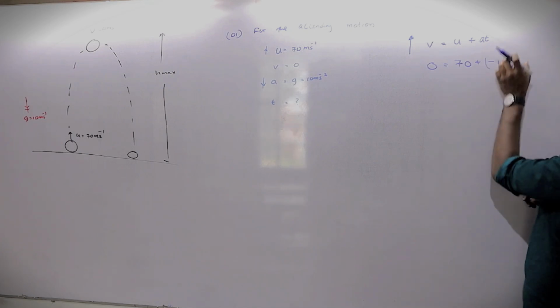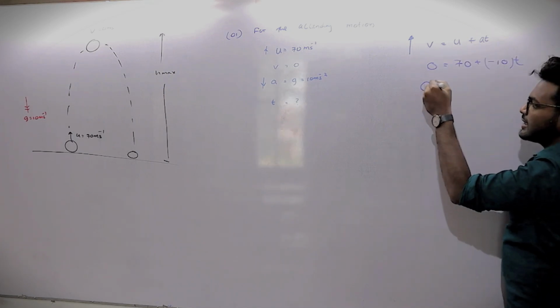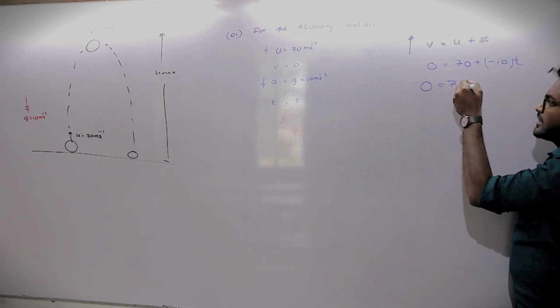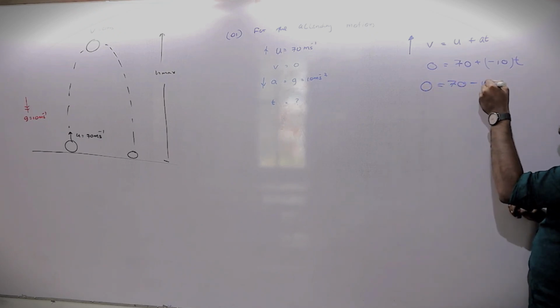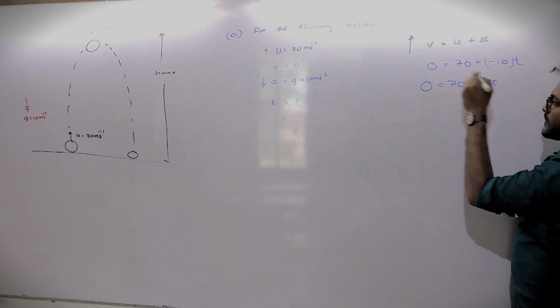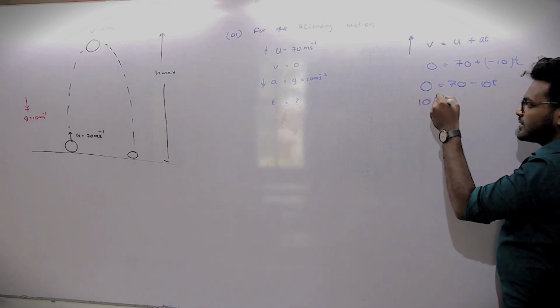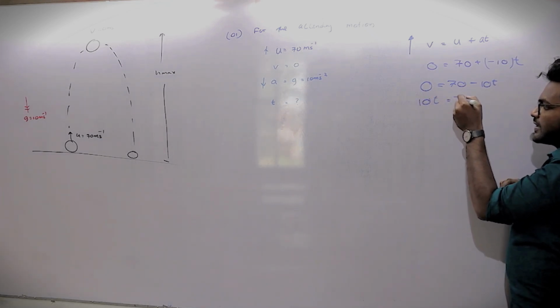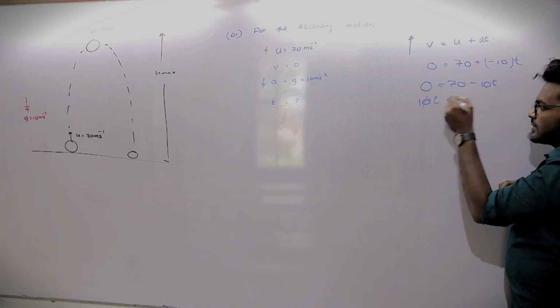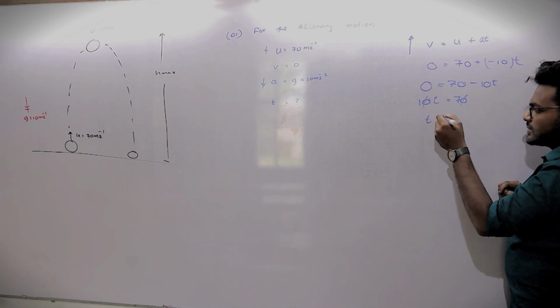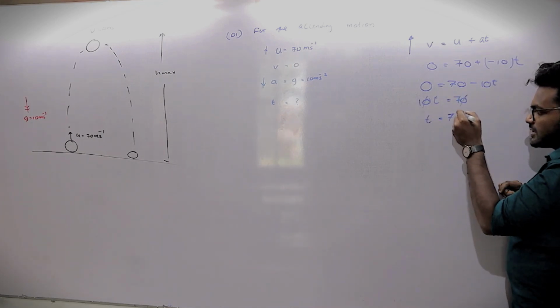You can take this minus t to the other side, or write with steps: 70 minus 10t. So 10t goes to the other side, equals 70. This cancels out. t equals 7 seconds.